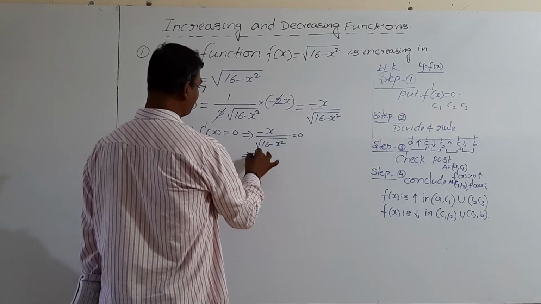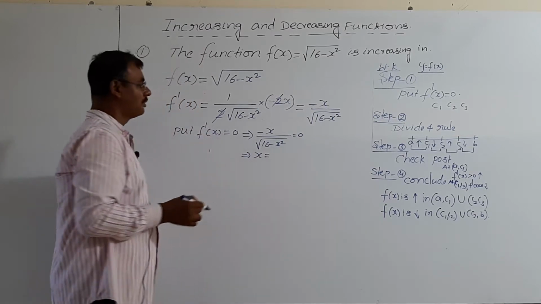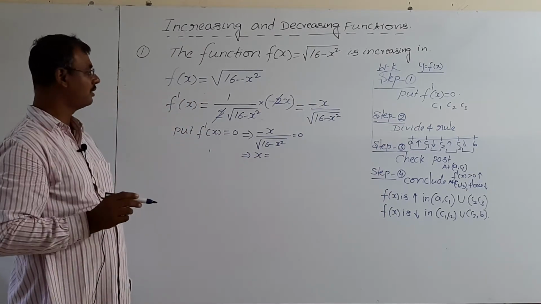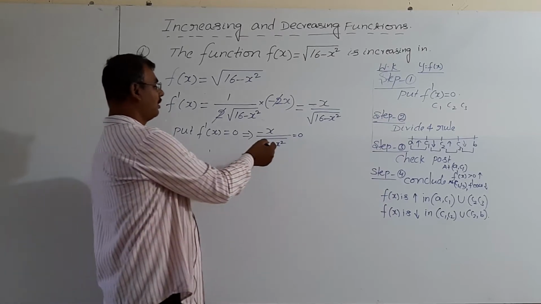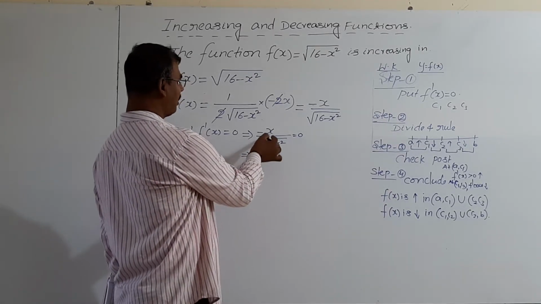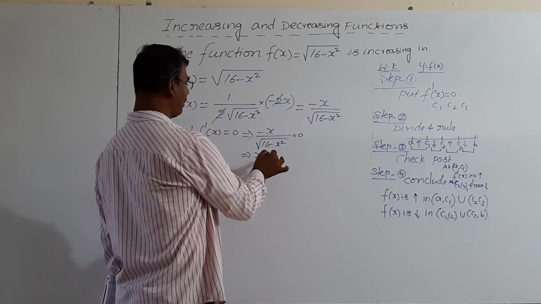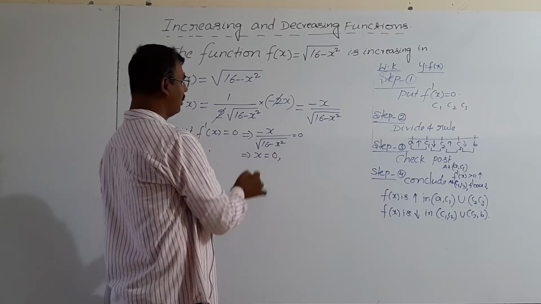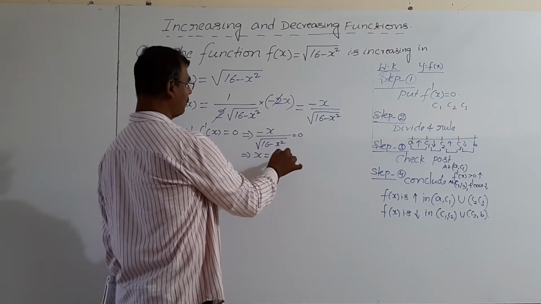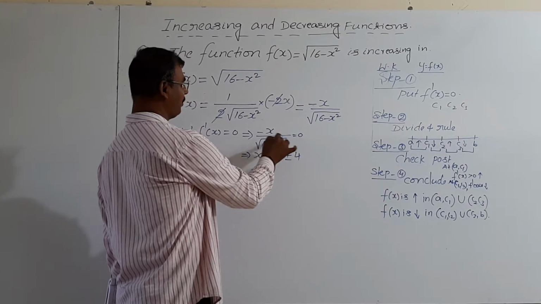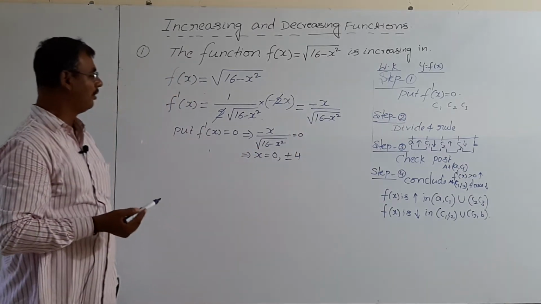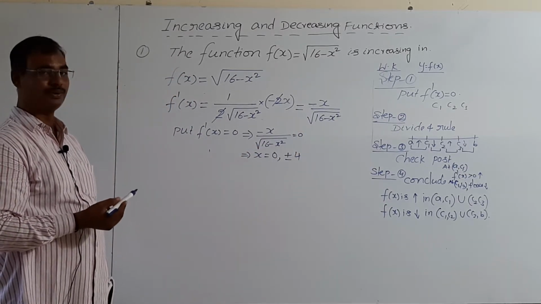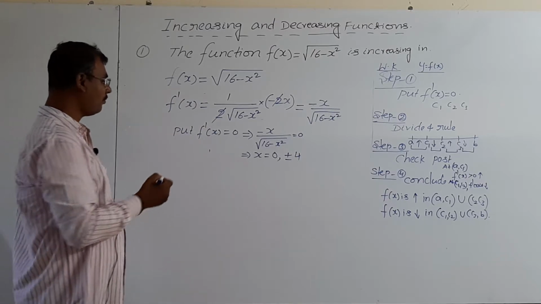So, what are the roots? Don't send the denominator to that side, because it is not always equal to 0. We have to find the roots separately. x has one value, 0, separately, and the other values are plus or minus 4, from equating the denominator to 0.